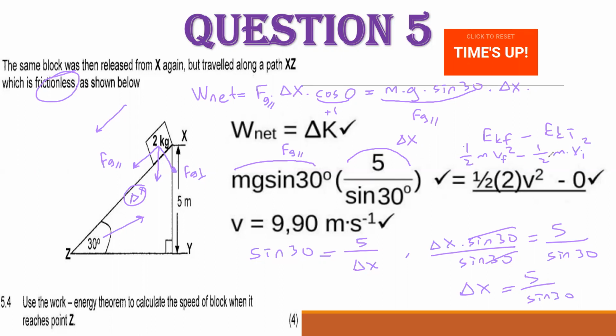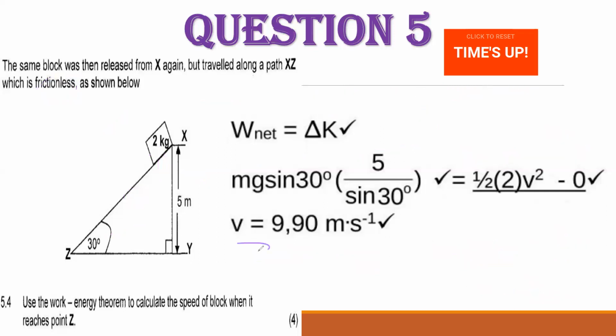I know v initial is 0. And the mass of the object is 2. So you write delta EK here, and then you can calculate and get the velocity at point Z. I hope it is clear. Work energy theorem is taking our time.